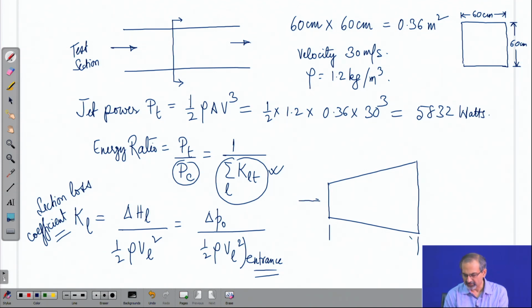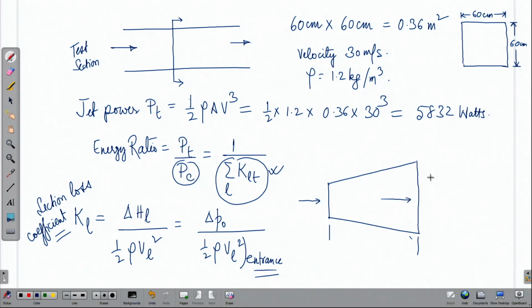So, let us say flow is moving this way, it moves through the diffuser, and the static pressure in general will rise. Let us mark this as station 1, this as station 2. You can have static pressure ports at the 2 points, and then if you take a static pressure tube from there with a wall port, and set up a manometer where you provide the pressures, what will you notice at the manometer end?